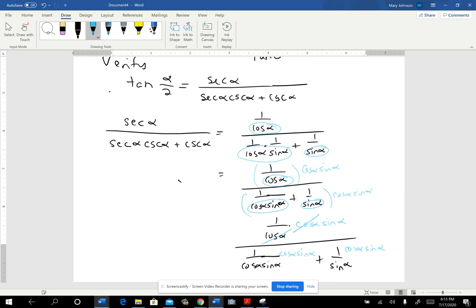So the cosines go there. Both the cosines and the sines go away there. And here, the sine cancels out.